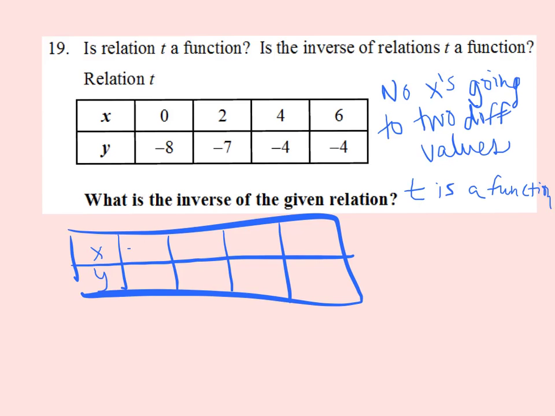All I did is switch each of my values for my t inverse. Now looking, do I have any x's that repeat? I have negative 8, negative 7. Oh boy, I have two negative 4 values, and they're going to two different y values. So t inverse is not a function.